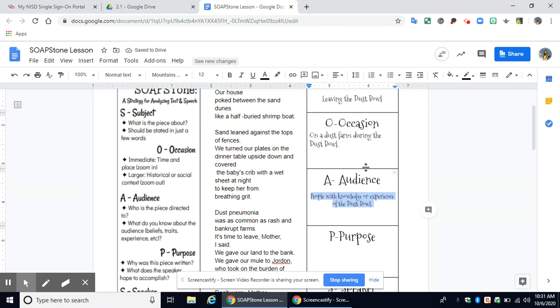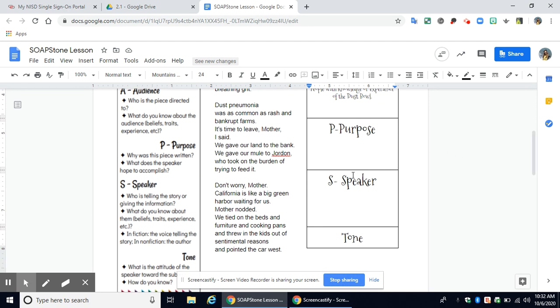So for the audience, remember, it is just who the piece is directed to. So here I'm putting people with knowledge or experience of the Dust Bowl. So I just know that anyone who's experienced this has probably experienced all these things that they're talking about, right? So getting, again, the sand maybe in their mouths, or whenever they're eating, turning over their dishes because there's sand everywhere.